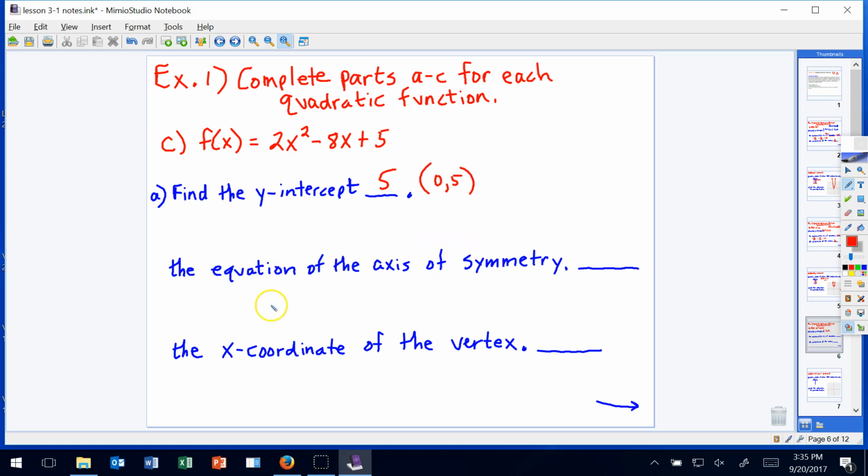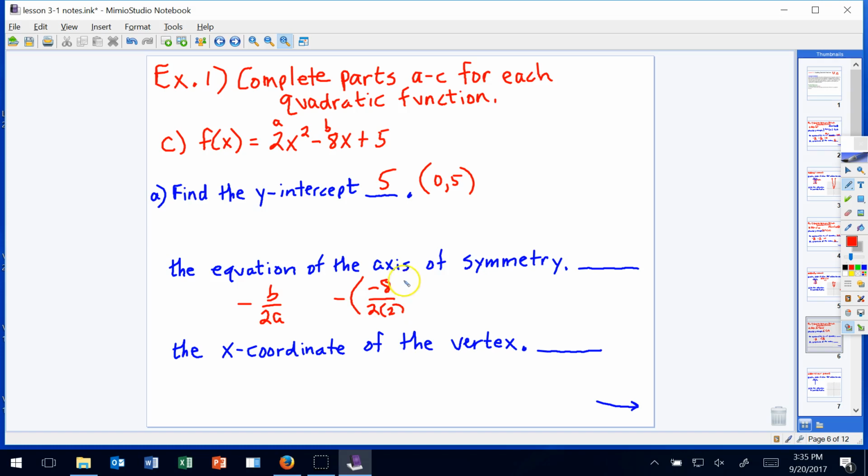The equation for the AOS, it's the opposite of b over 2a, is how we find the number. And so in this case, I would be very careful because a lot of people miss the sign of this little formula. It reads the opposite of b over 2 times a. So just be really careful. B in this case is -8.